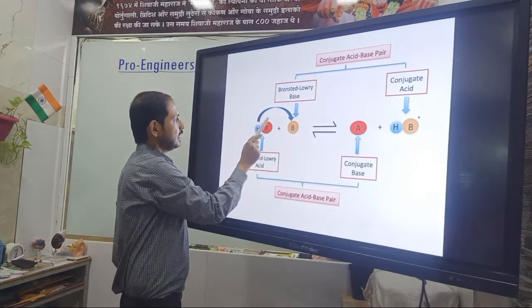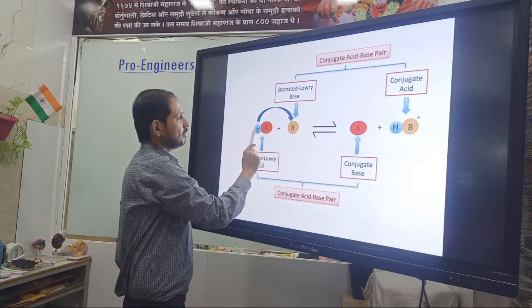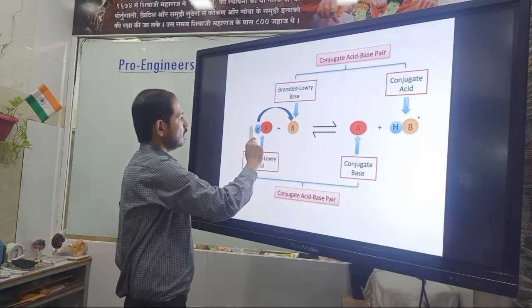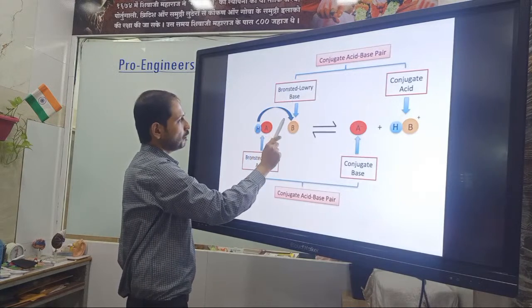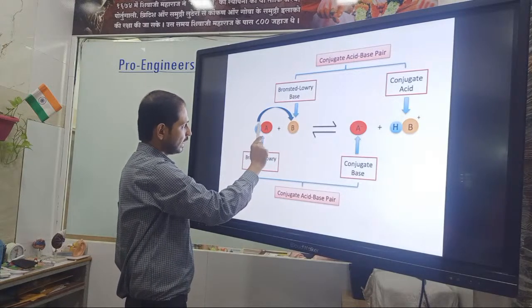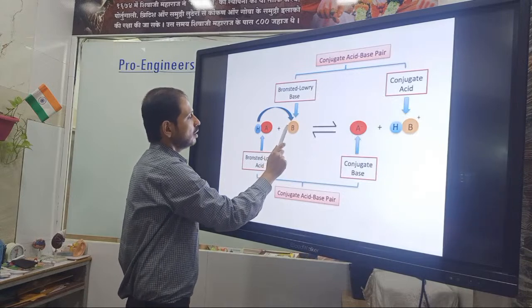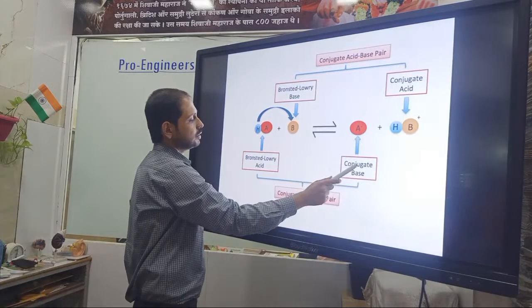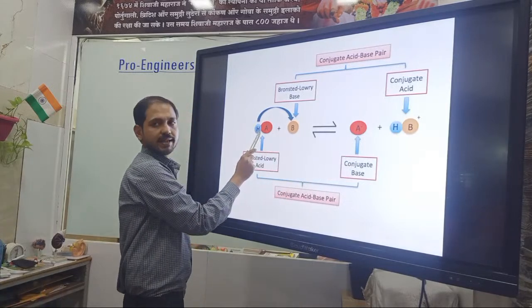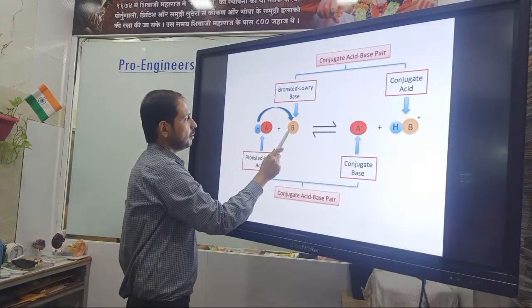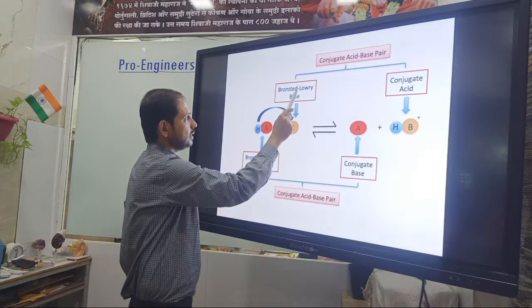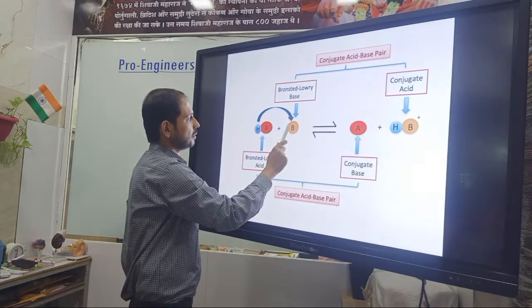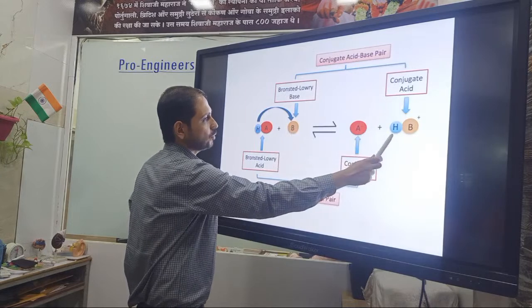Initially HA is the acid. When HA releases the proton, it is converted to A minus. A minus is the conjugate base of the Bronsted acid. B is initially the Bronsted base. After accepting the proton, it is converted to HB plus.